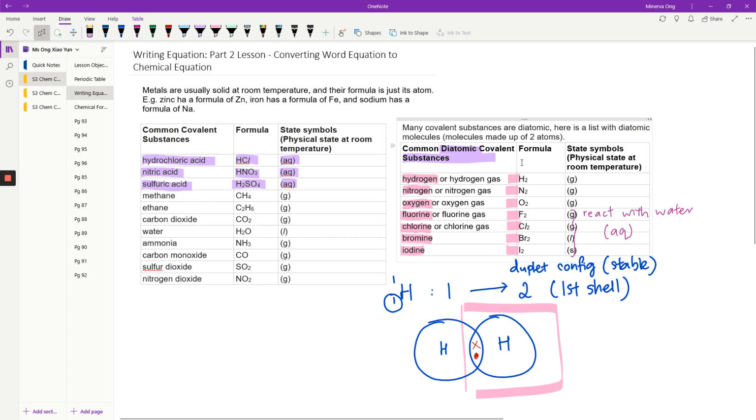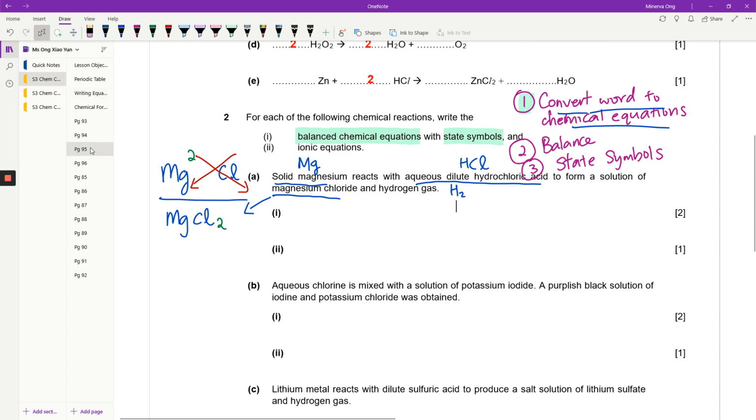Okay, then back. So I have to write word equations as chemical equations. So Mg, I'm leaving space for the state symbols. I'm leaving space for balancing later on.